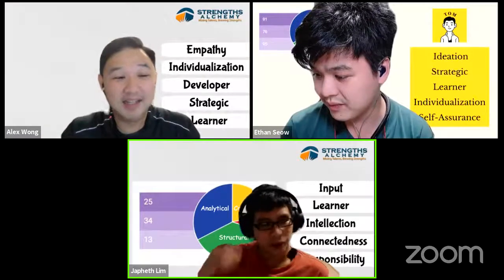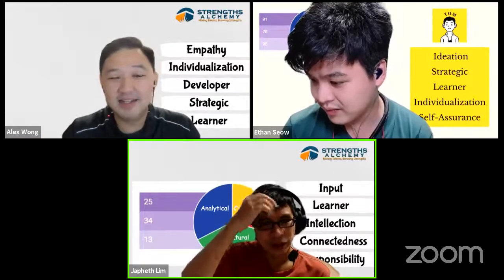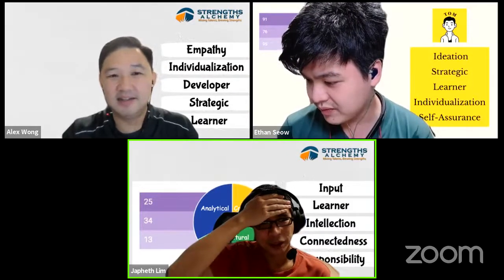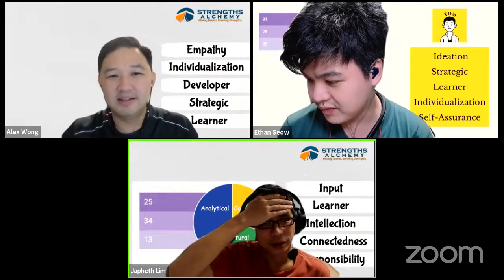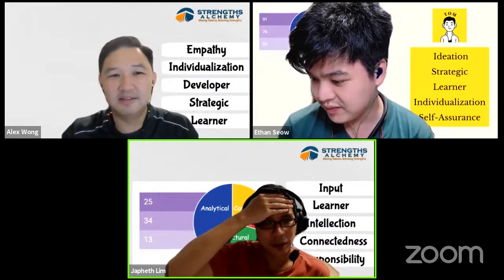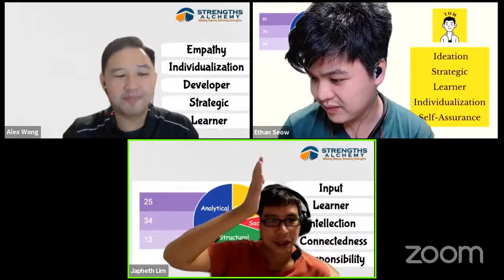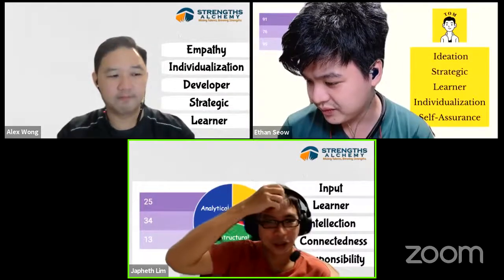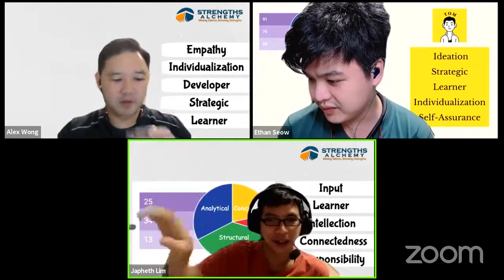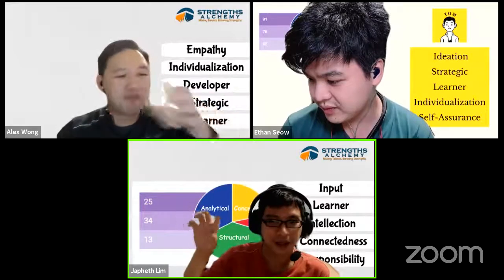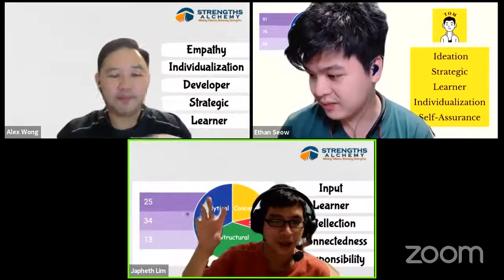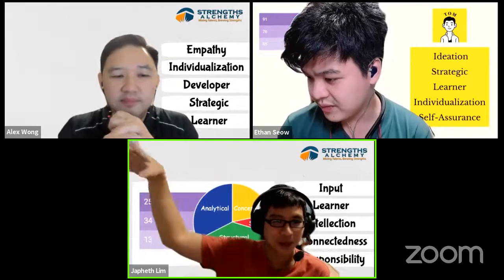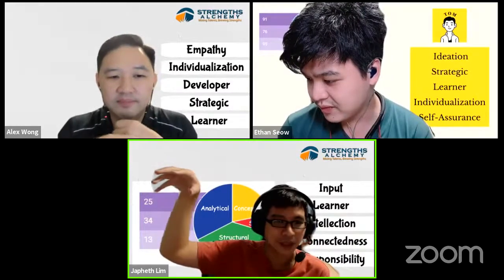So I would say it's a mix of both, because I don't think it's a pure linear input and then you get an output of analytical, because we were just talking about how people cut the data. We could interpret it slightly differently, that's why there were certain overlaps. Emergenetics categorizes it into analytical, structural, and conceptual, but we also noted that some part of the conceptual did show up in the influence talent team.